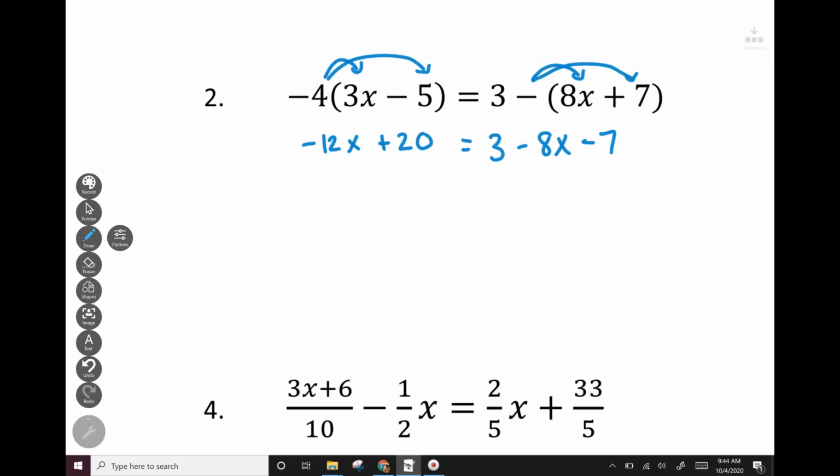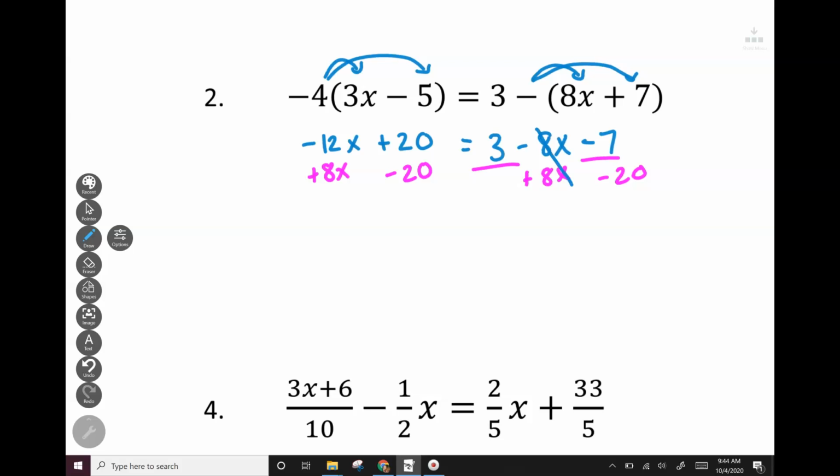So I'm going to be adding this 8x here. And I'm going to subtract this 20 to the other side. At the same time, and maybe this is too much to do at once, but you need to combine like terms on this side. Okay, so let's see how that comes out.